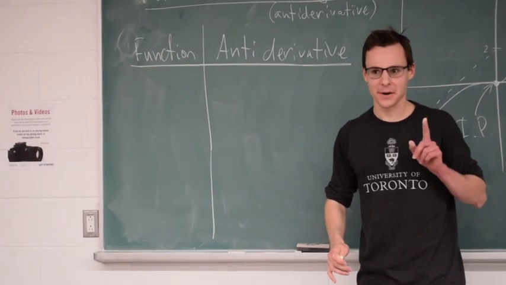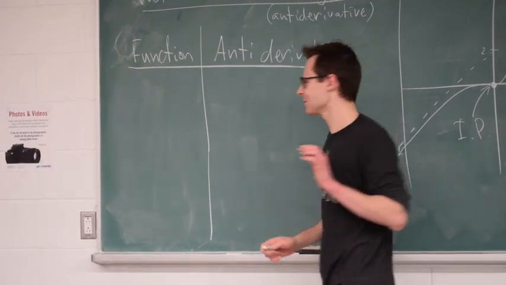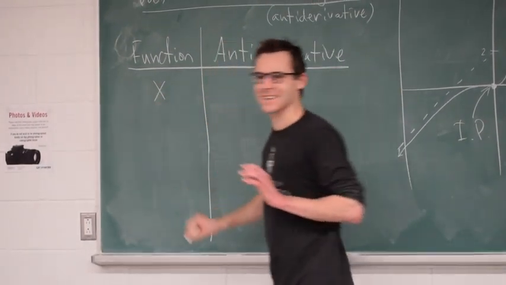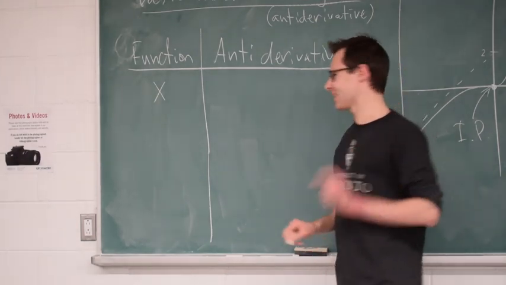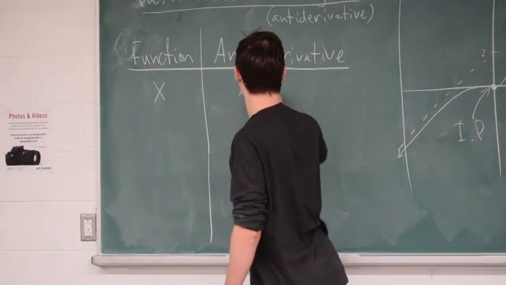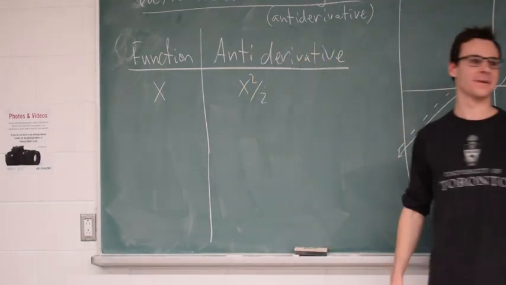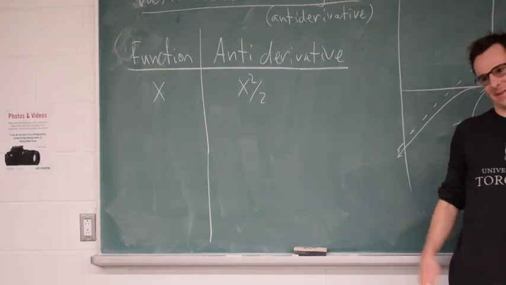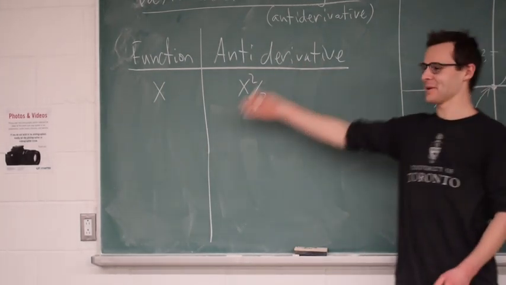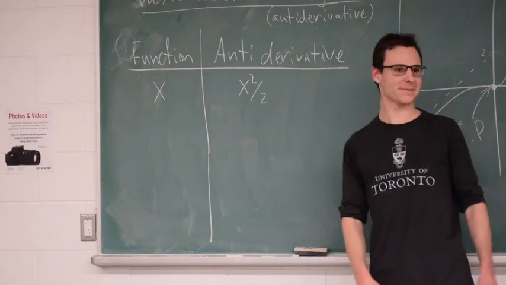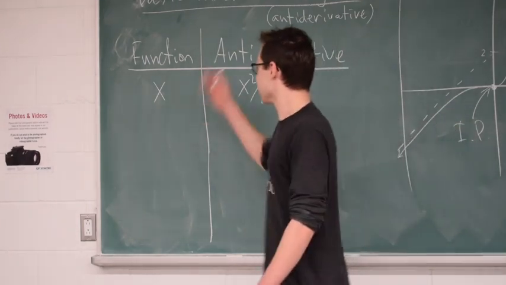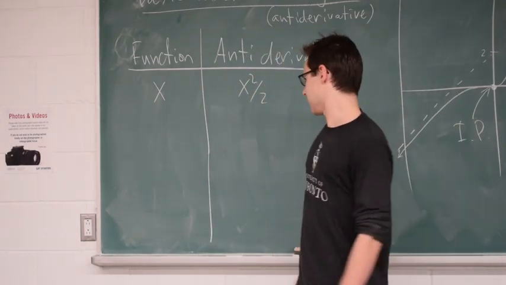This is going to be hard, so prepare yourselves. X squared over 2. Very good. How do we know? Differentiate the antiderivative. We take the derivative and we see that, oh yeah, it's x. That's the first one that you ever learned.